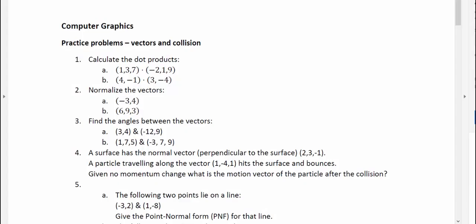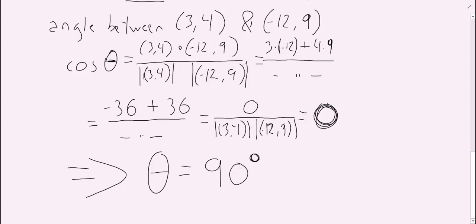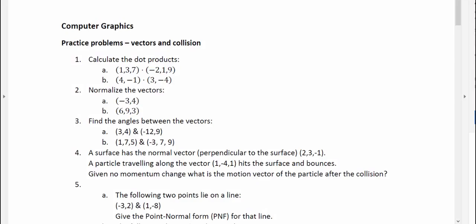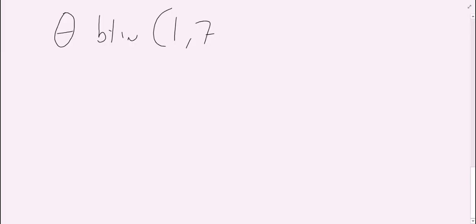So 3B: (1, 7, 5) and (3, 7, 9). Angle between (1, 7, 5) and (3, 7, 9).